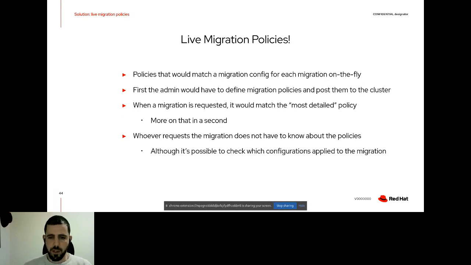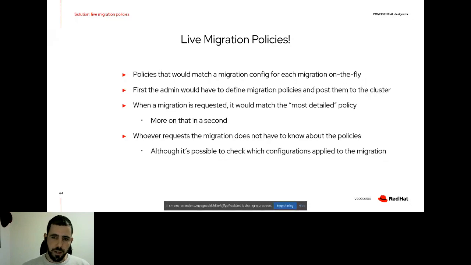And then when migration is requested, at the time of the migration it would seek the most detailed policy, and this policy would match the VM. I'll be talking more on that in a second. And whoever tries to create the VM or migrate it doesn't have to know about these policies and all these configurations and all the considerations behind them.